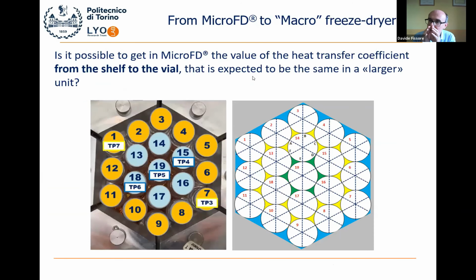In the previous slide, I was talking about moving from larger scale unit to a smaller one. So I want to replicate in micro what will occur in a larger apparatus. We can use a different approach. I carry out a test in MicroFD without paying attention to the temperature of lyocene.